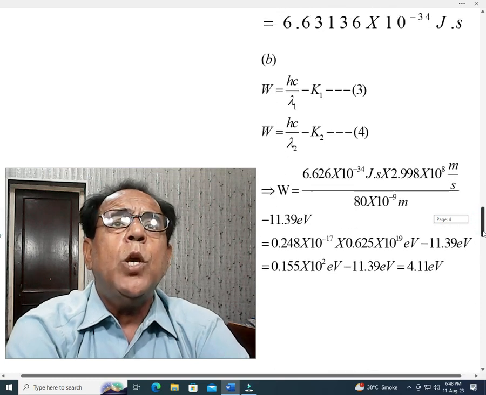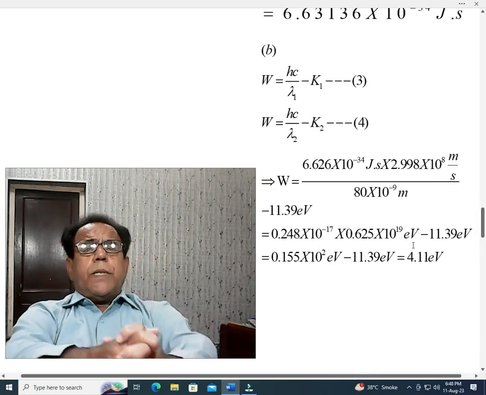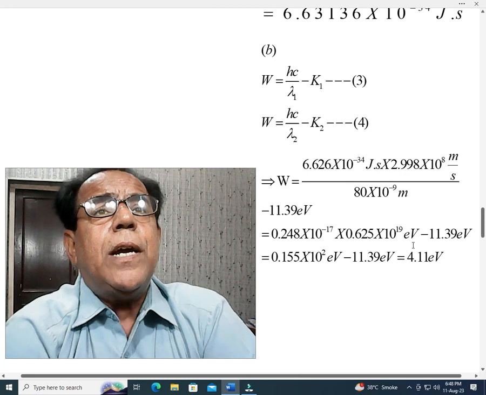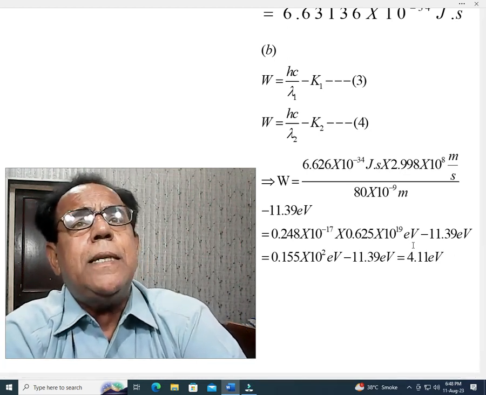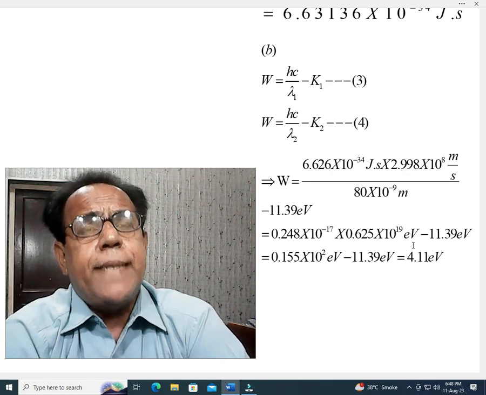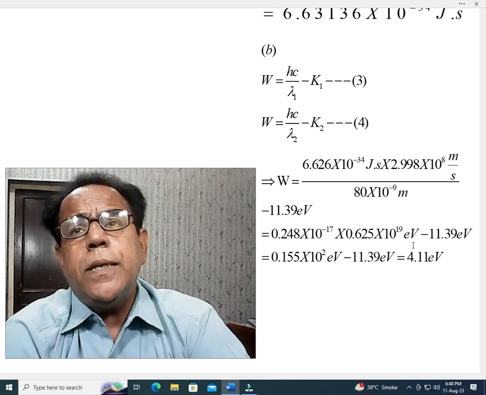Now we move to part B. Work function W is equal to Hc over lambda 1 minus K1, equation number 3. Similarly, the equation holds for the second set of values.